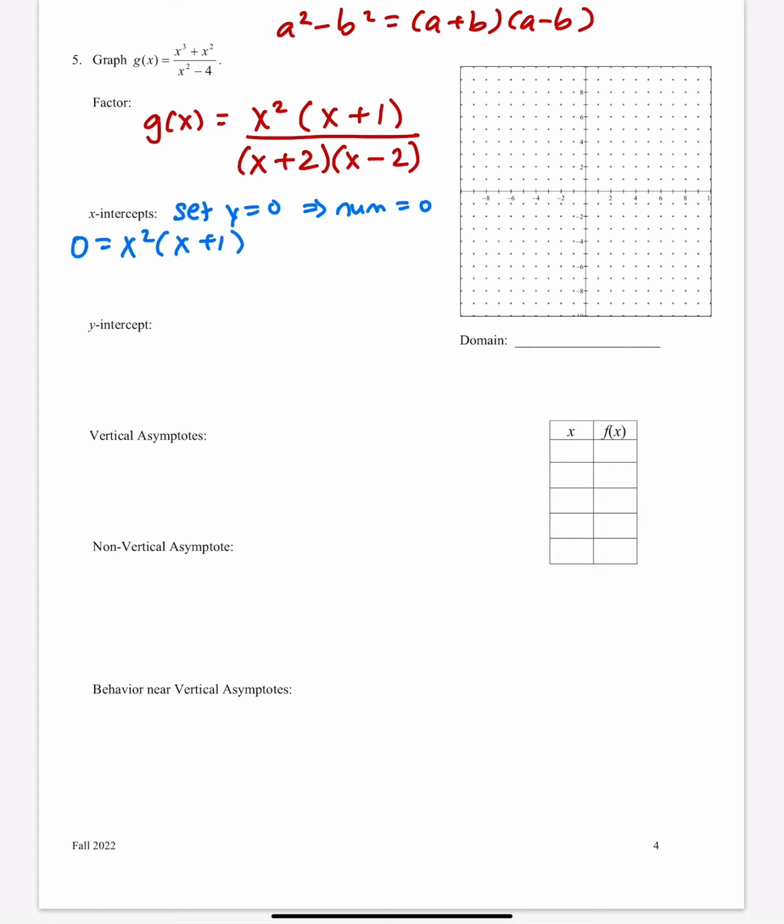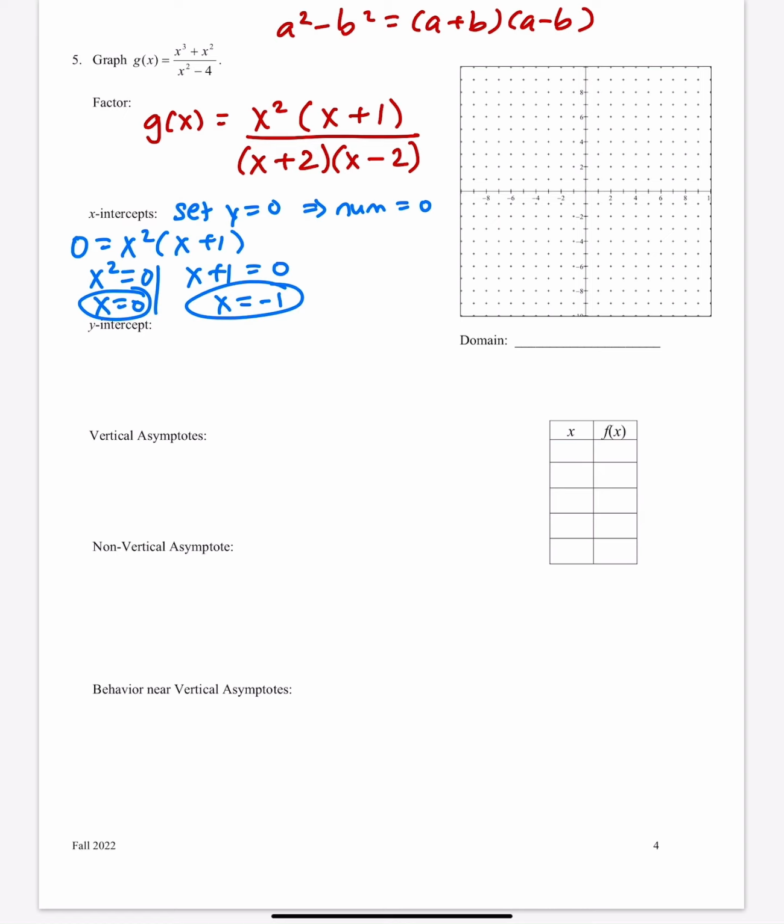So set the numerator equal to 0. There are two factors, so there should be two zeros, right? But notice that this is x squared. So we set that equal to 0. We take the square root of both sides. So one answer is x is equal to 0. The second solution should be x plus 1 is equal to 0. And we subtract 1 from both sides. So x is equal to -1.